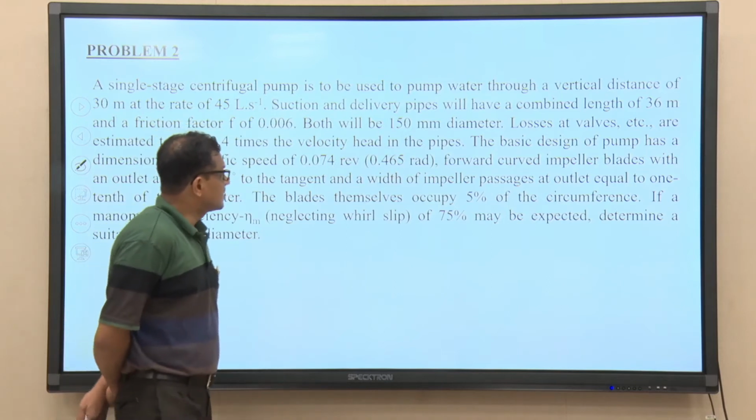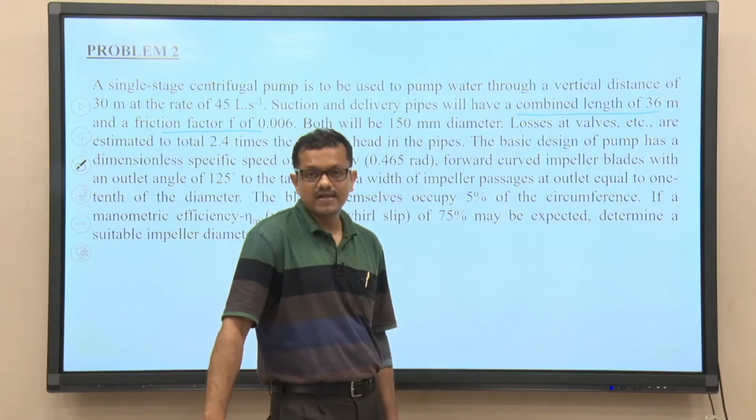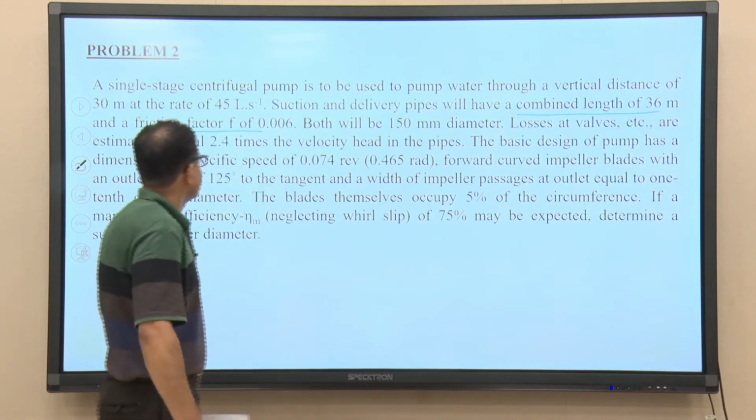So the combined length of the suction and delivery pipe is 36 meter, and the friction factor f is the Darcy friction factor we have learned in our fluid mechanics course, which is 0.006.